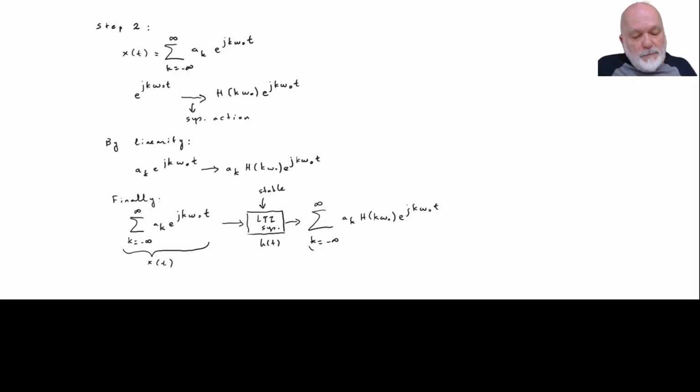But we observe something very interesting. As you see, this is our y of t, the output. But the output is also in the form of a Fourier series.